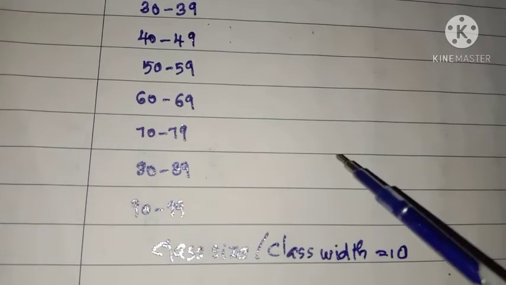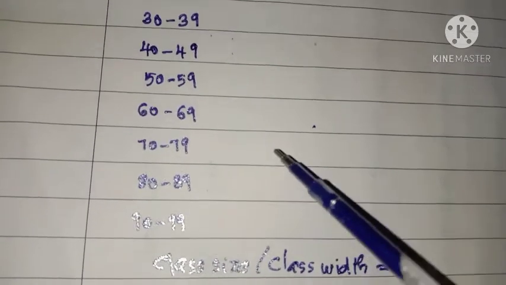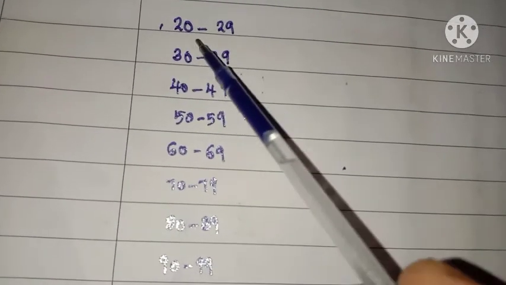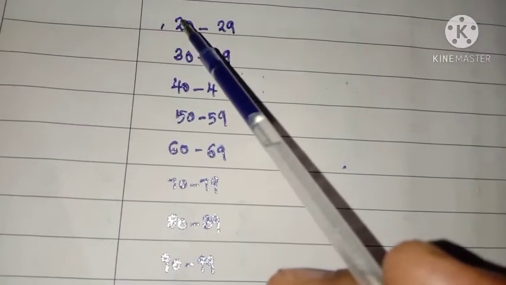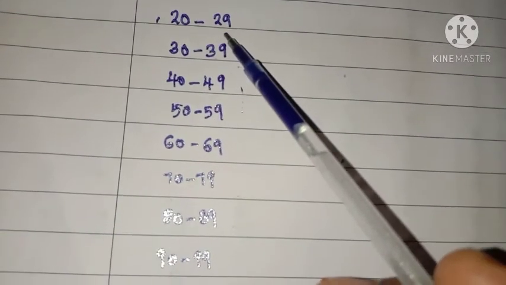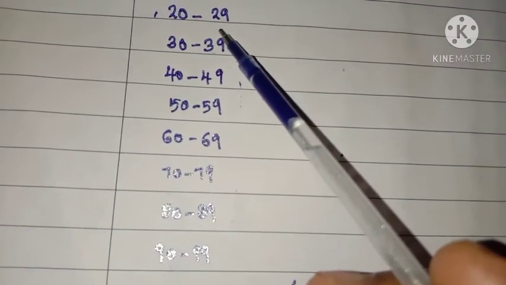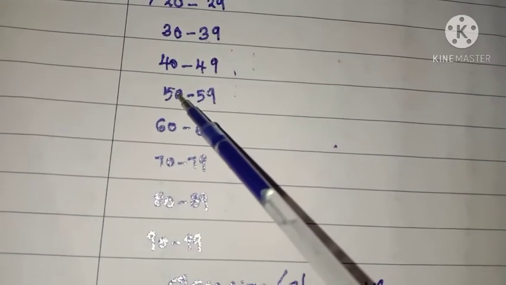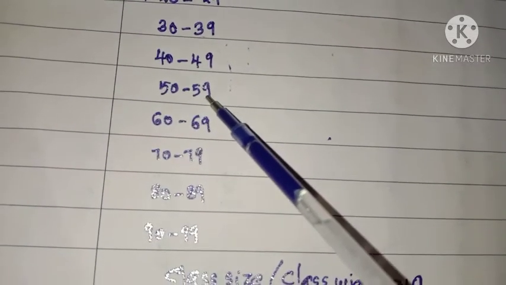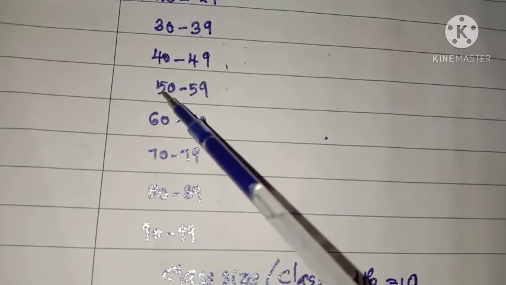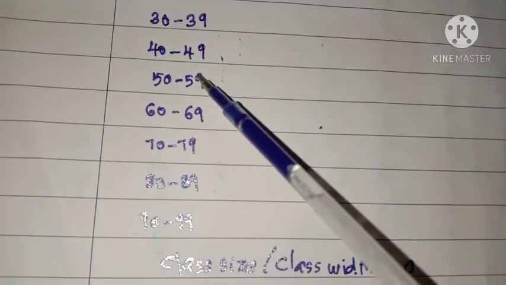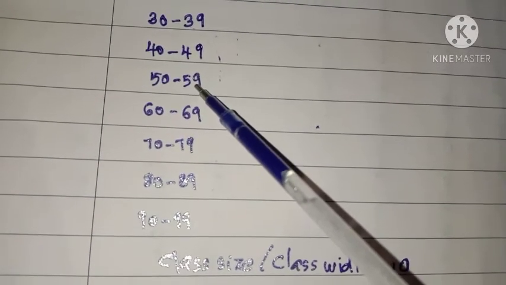In each of these classes, the least number is called the lower limit, and the greatest number is called the upper limit. For example, in the class interval 50 to 59, 50 is the lower class limit and 59 is the upper class limit.